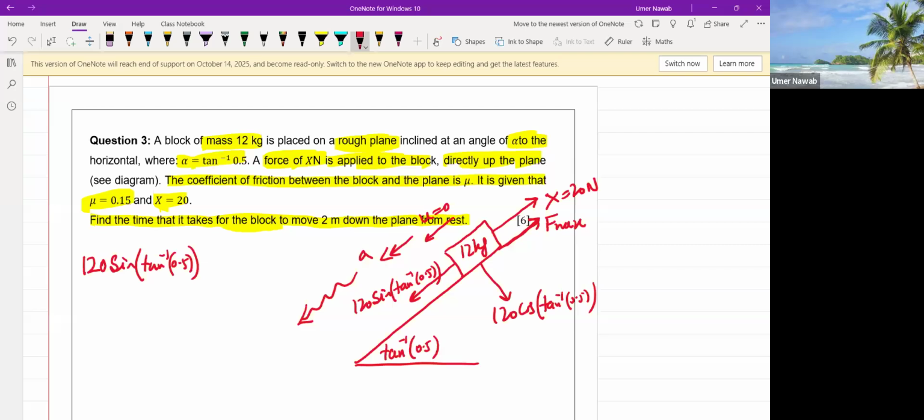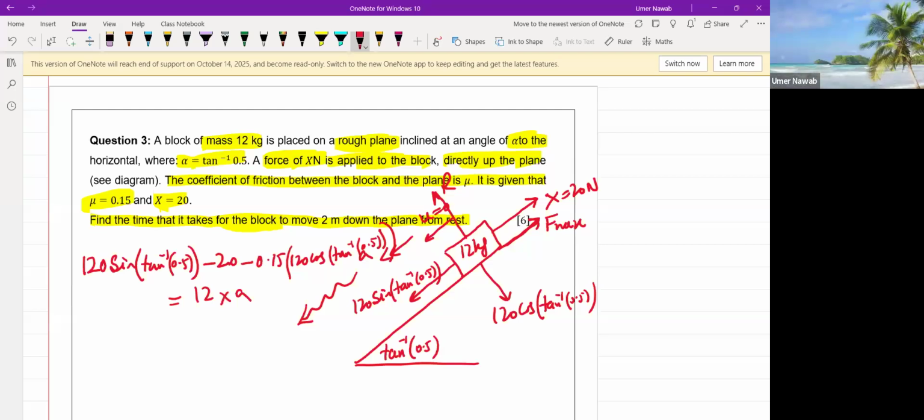And minus 20, the X value, minus F max, which is mu R, mu is 0.15, and your reaction should be 120 cosine of inverse tan of 0.5, should be equal to MA, which is 12 times a.